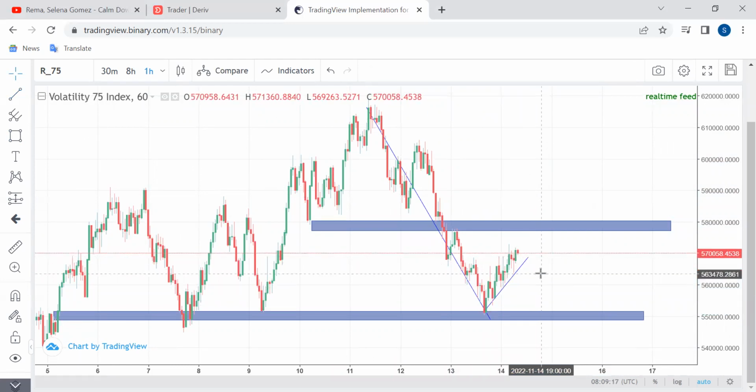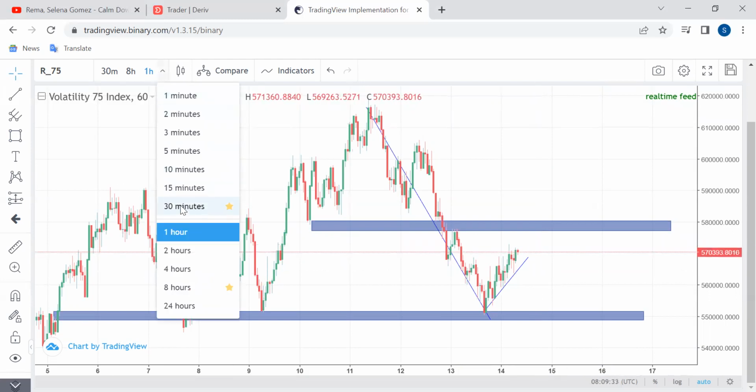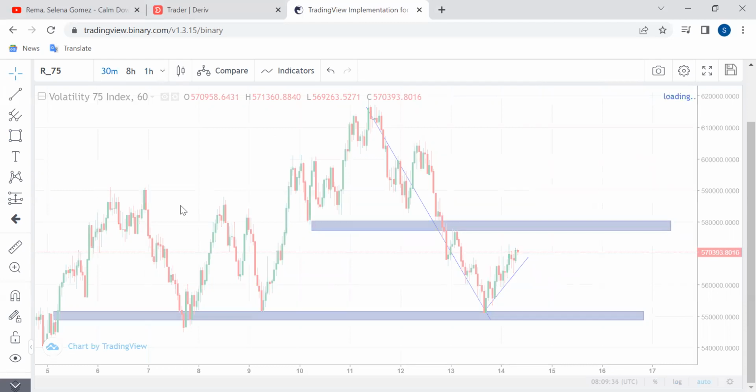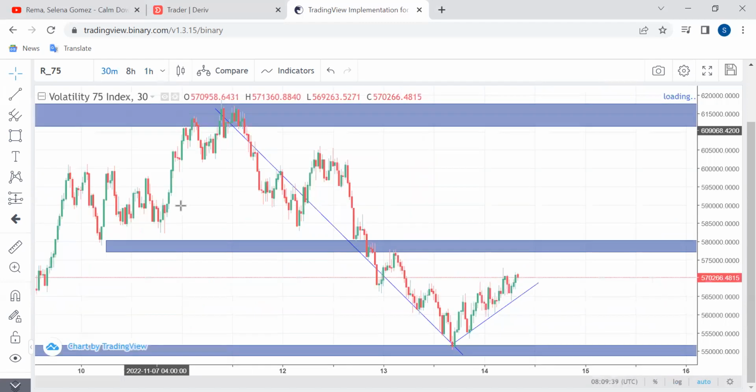So this tells me that probably the bulls are the ones who are now in control of this market. After having that in mind, I come to maybe the 30 minutes time frame. Now I'm looking for entries. I'm beginning to look for entries because now I've already identified my zones.